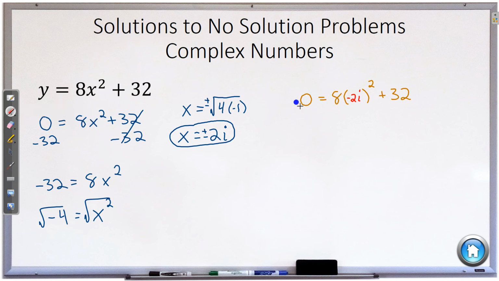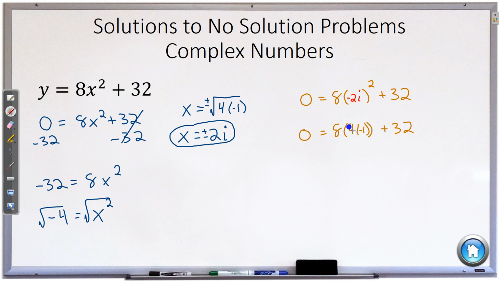This should still work out and equal 0. So let's do this. We have our 8 times. So what does this become when we square it? Well, negative 2 squared is positive 4. And i squared is negative 1 plus 32.